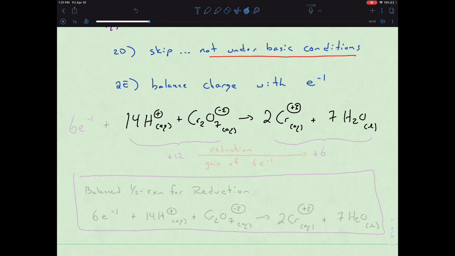And if we look at our charge, we have a total of plus 12 on the left, 14 plus 1 protons, and then the dichromate, which is minus 2, so that gives us a total charge of plus 12. And over here we have a total charge of plus 6. As far as the 2 chromiums, each are plus 3, so that's where the plus 6 comes from, and the water is neutral.